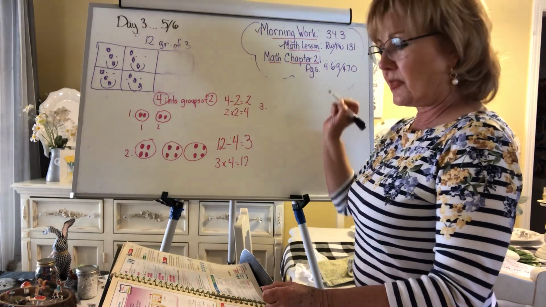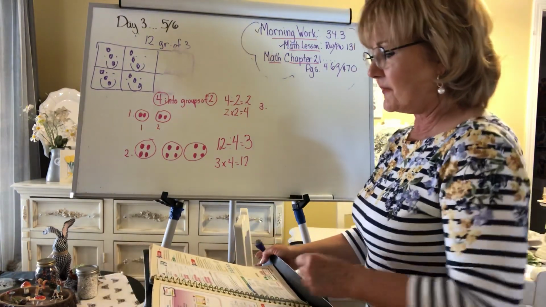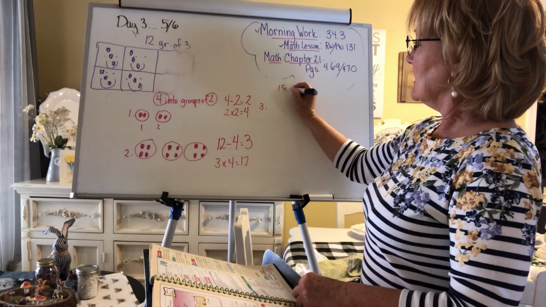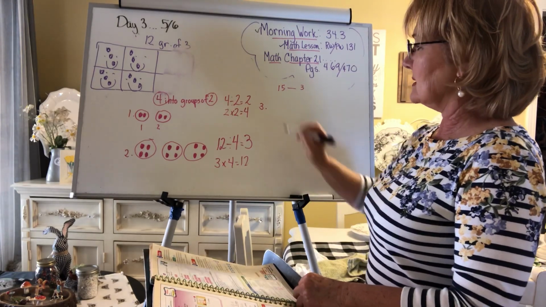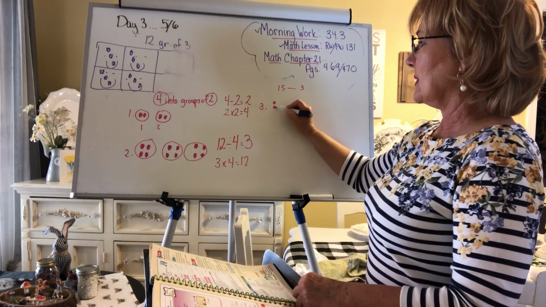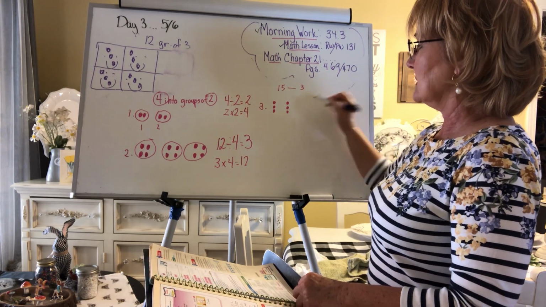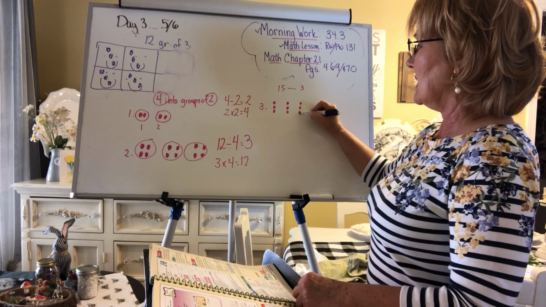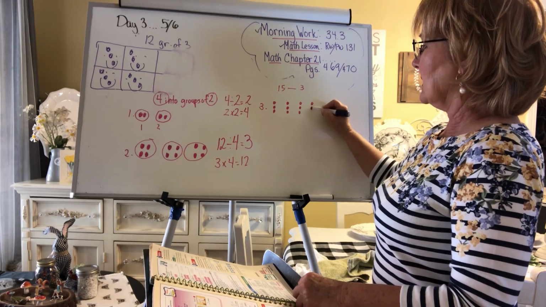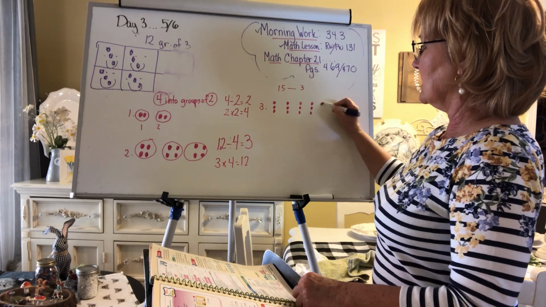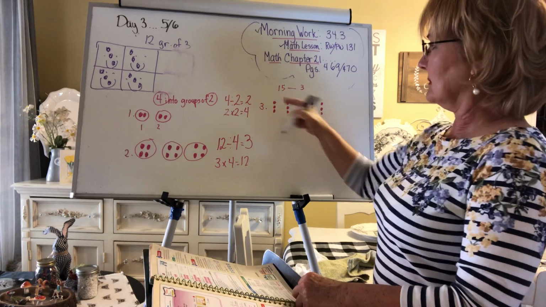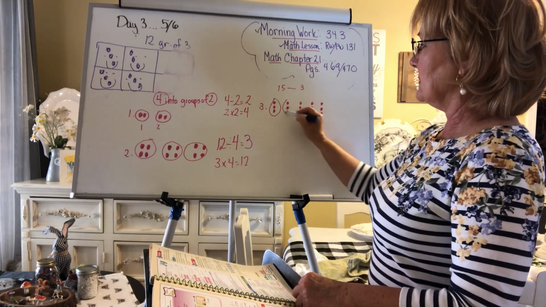Let's look at number 3. It says divide 15 into groups of 3. So we'll count by threes. 3, space, 6, 9, 12, 15. Circle them.